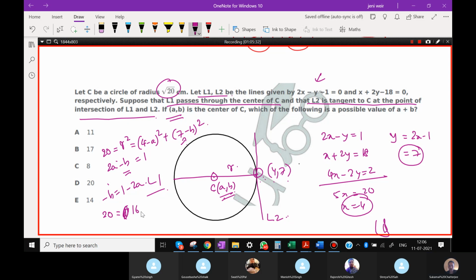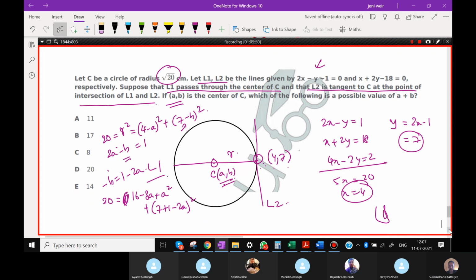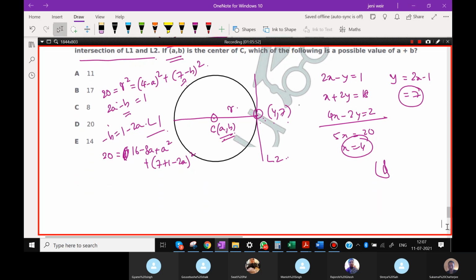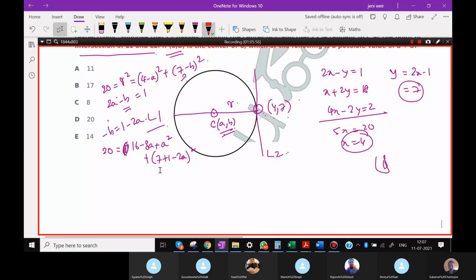That means 16 minus 8a plus a square plus 7 plus 1 minus 2a whole square, which would be 20 equals 16 minus 8a plus a square. 7 plus 1 would be 8, so plus 64. 8 into 2, 16 into 2, 32 minus 32a plus 4a square.